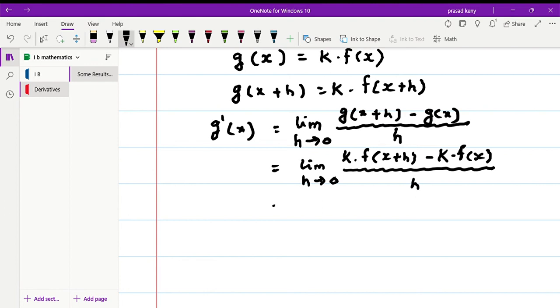So now I can take that k common. So limit as h tends to 0, k into f of x plus h minus f(x) divided by h.